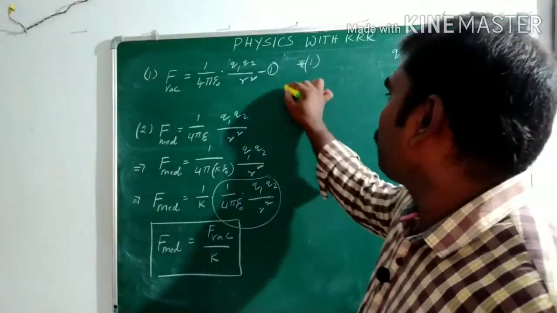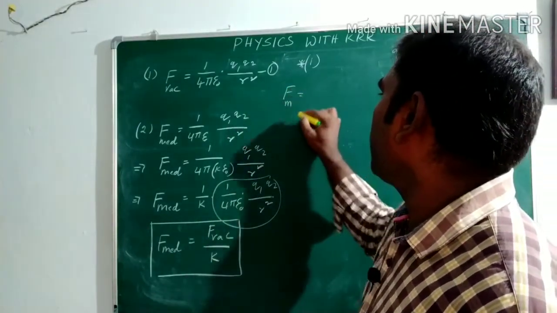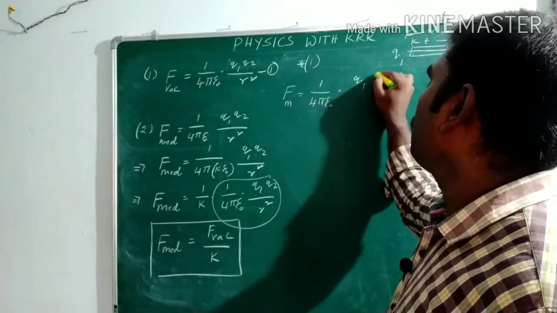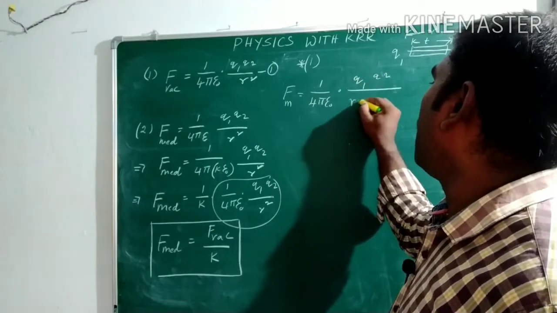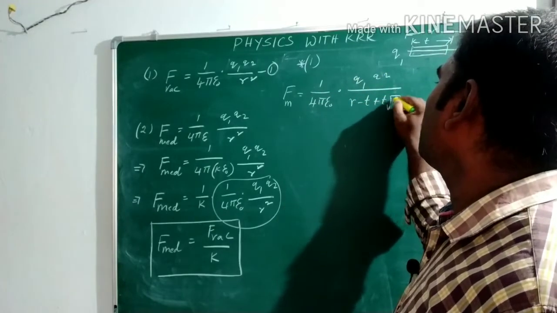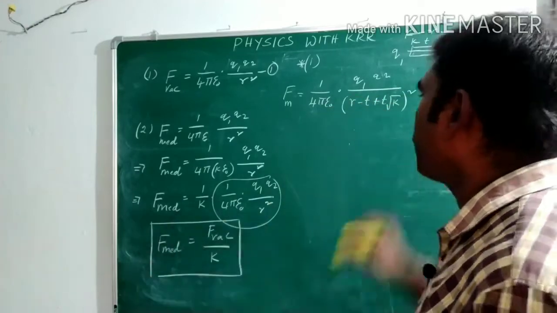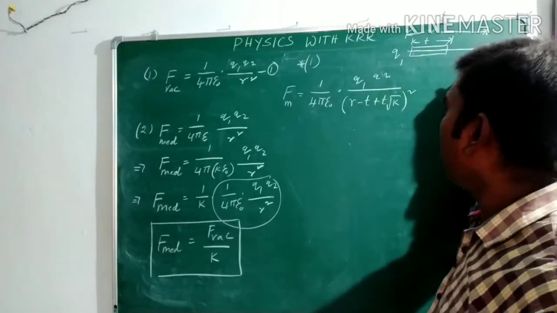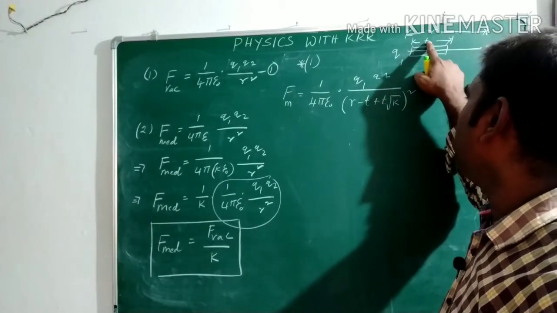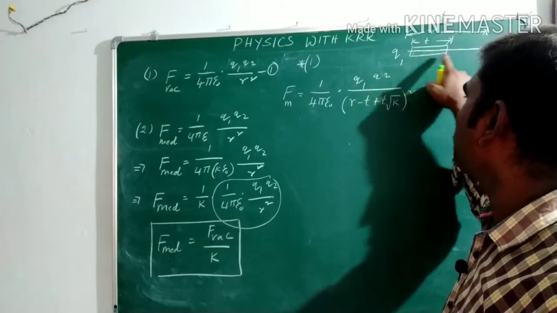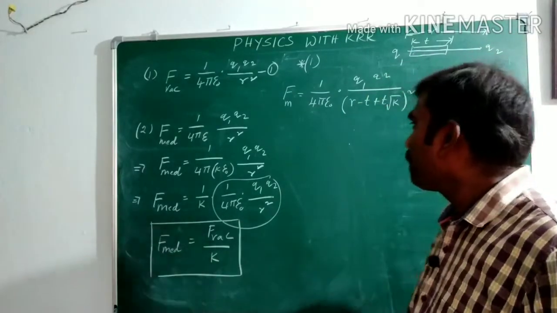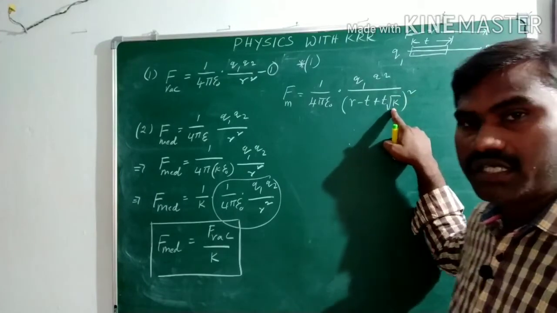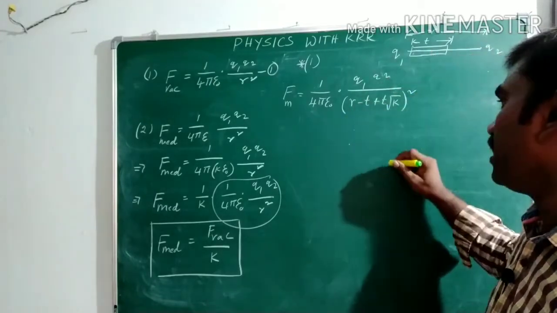Then the force in medium will be taken as 1 by 4 pi epsilon naught Q1 Q2 by (r minus t plus t root k) whole square. So this is the expression for force between the two charges when a dielectric slab of thickness t was introduced between these two charges. Here k is the dielectric constant of this dielectric slab.